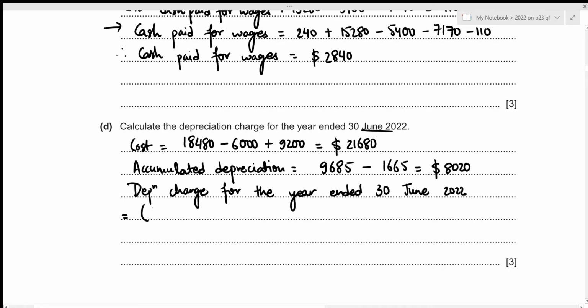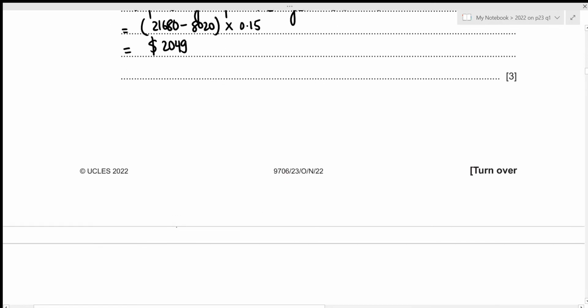In this case, that will be the cost of 21,680 minus the accumulated depreciation of 8,020. And this gives the net book value. And now we are supposed to charge the rate to this value. So that's times 15%, which we can write down as 0.15. And this gives our depreciation charge for the year ended 30 June 2022 the value of 2,049. This concludes the fourth part. We can now move towards the fifth one.